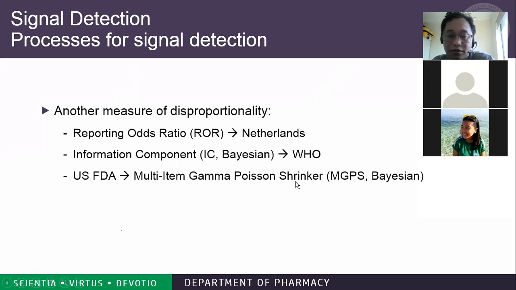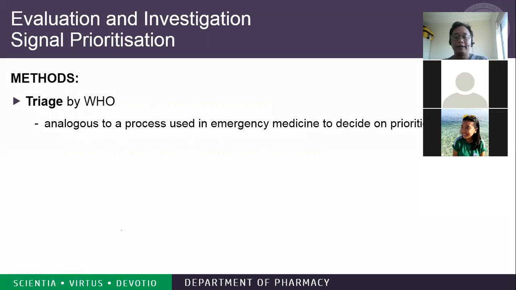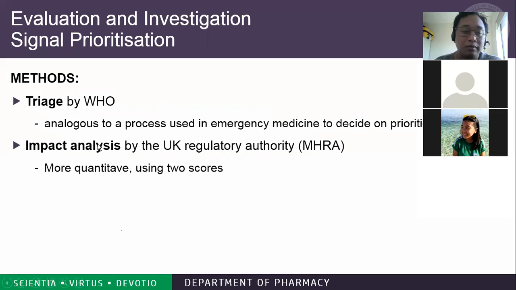The US FDA also uses Bayesian methods, the multi-item gamma Poisson shrinker. Okay, and then after we detect the signals, then we do the triage. Yeah, so this is to decide which one is important, which one we have to follow up, and so on.